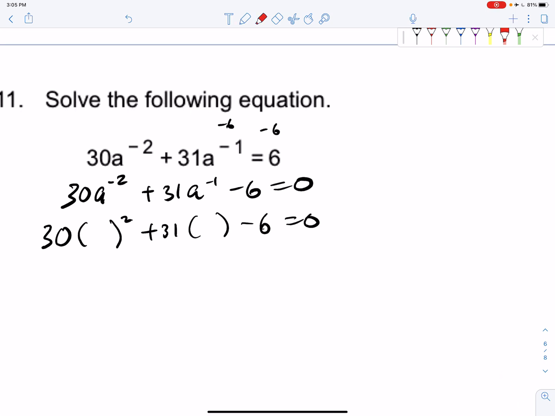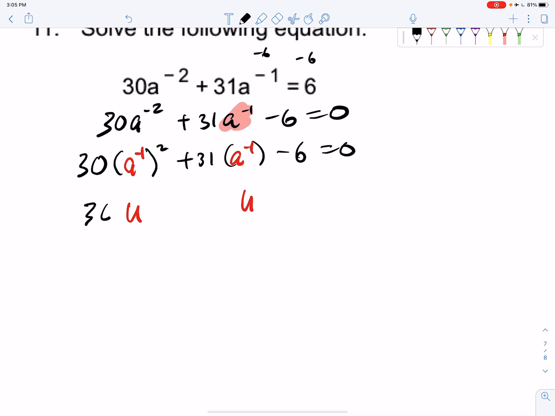That term right there helps us to realize that most likely we let u equal a to the negative first, and we can achieve our goal of rewriting it as a quadratic. Okay, so that's good. Go ahead and replace with u, and we get 30u squared plus 31u minus 6 equals 0.